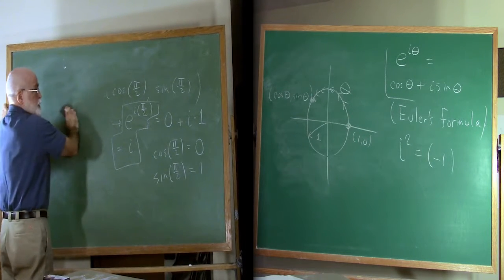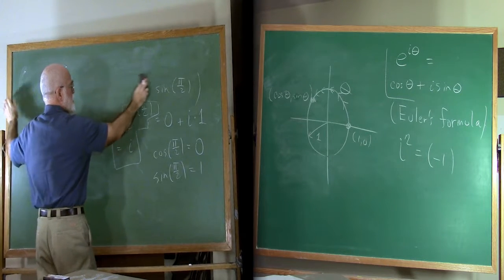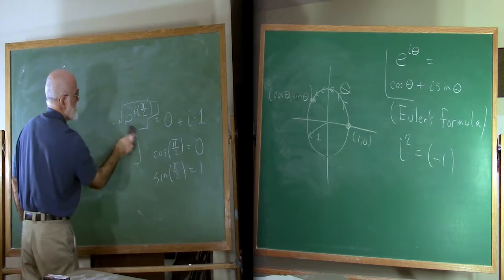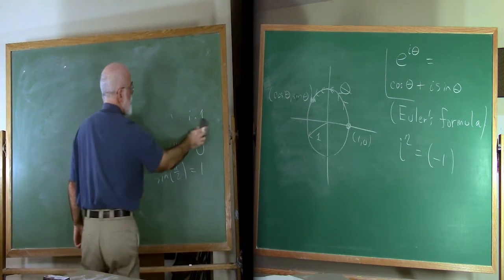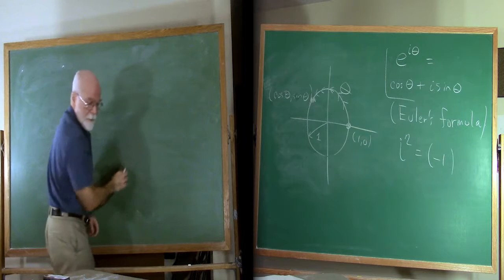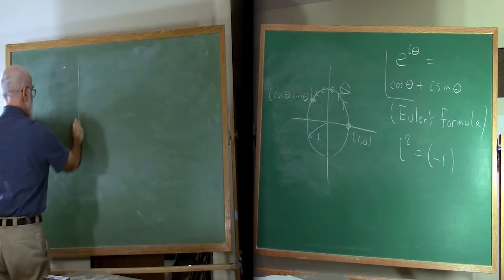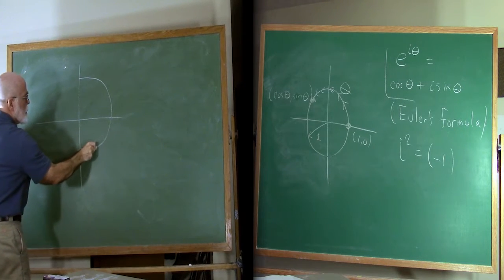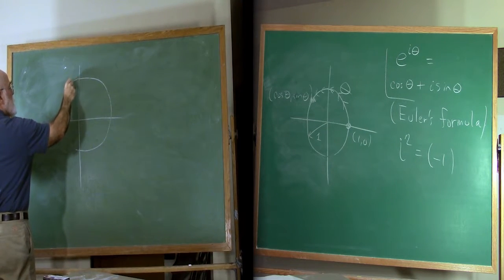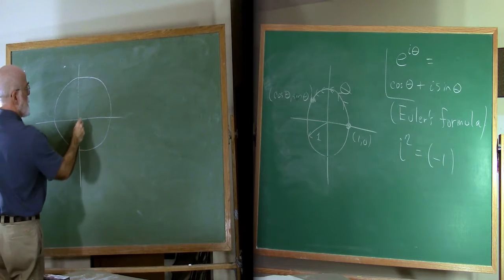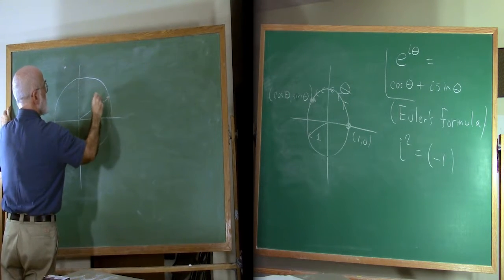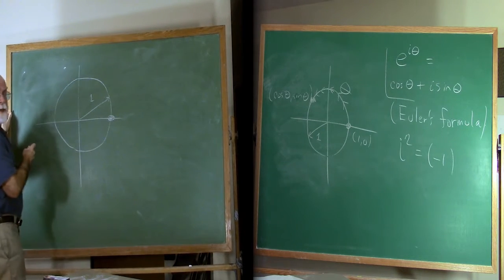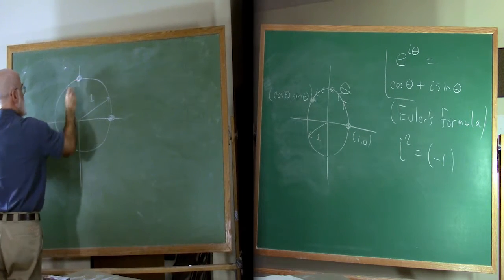Let's draw a single picture to put down all the sines and cosines we've gotten so far. Everything's on the unit circle here.